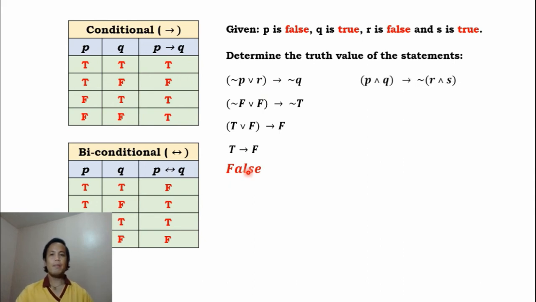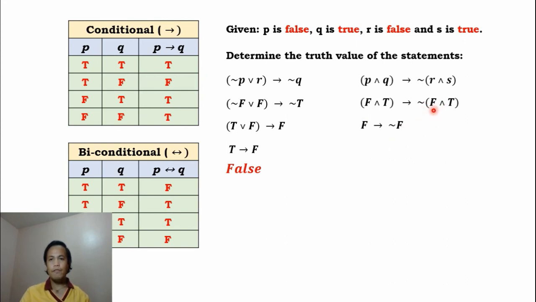Next example. P and Q implies not R and S. Again, we change the truth value for each variable. Our P is false, our Q is true, our R is false, our S is true. Since this is AND, false and true is false. We copy the implication, then we have the not.